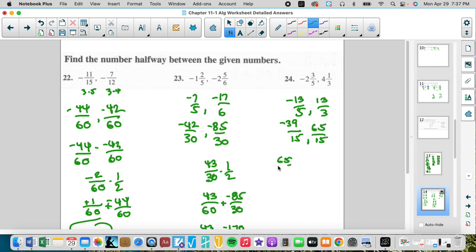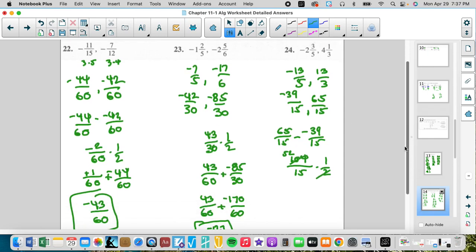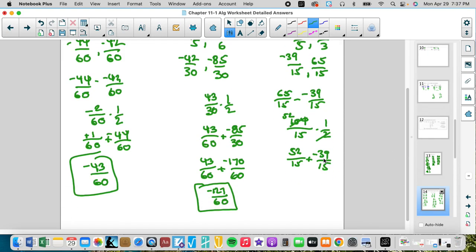So you have 65 15ths minus negative 39 15ths, which is going to be 104 15ths. Let's take half. That's going to be 52 15ths. And then we're going to add it to the smaller negative 39 15ths, which takes us to 13 15ths would be our answer.